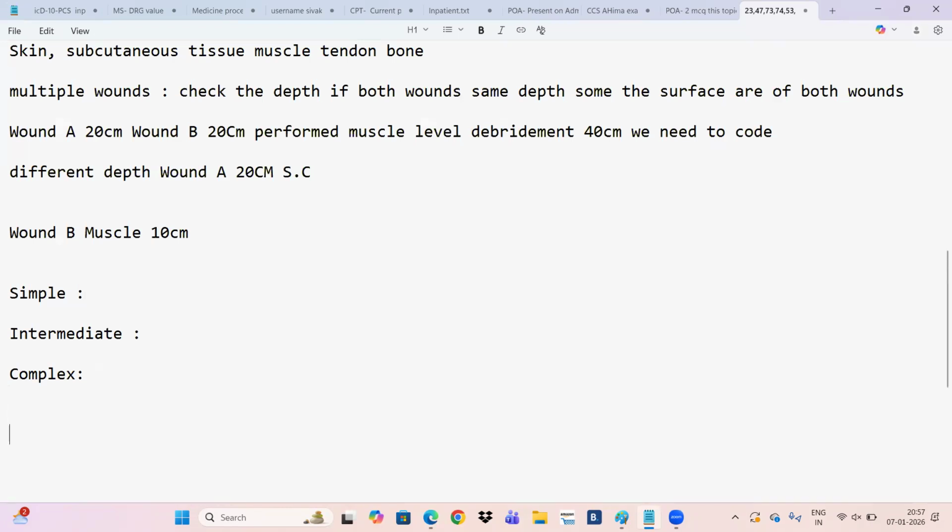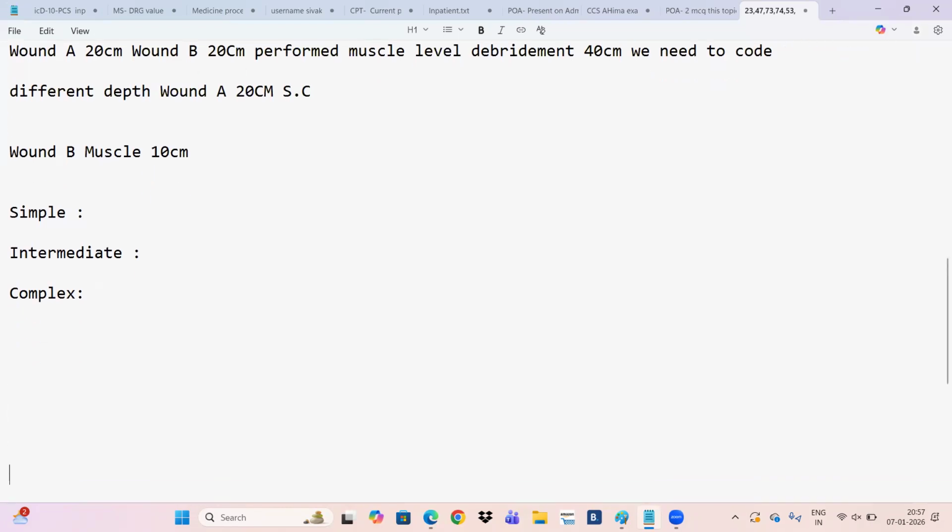Now, after identifying the type of laceration repair, we need to check the surface area: how much surface area they repaired, like length.